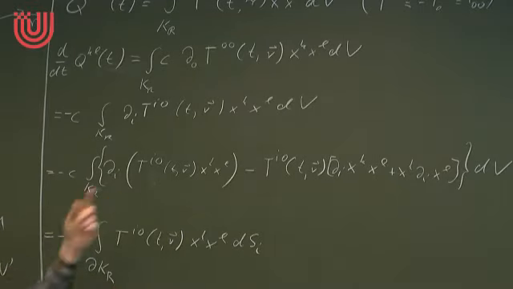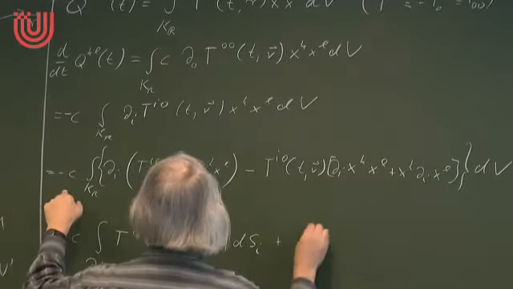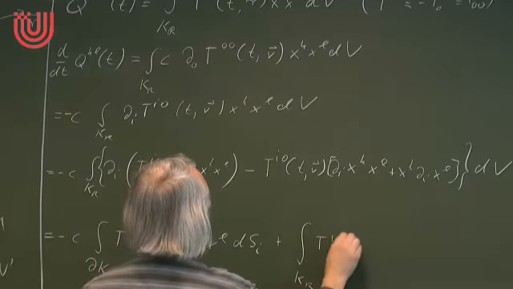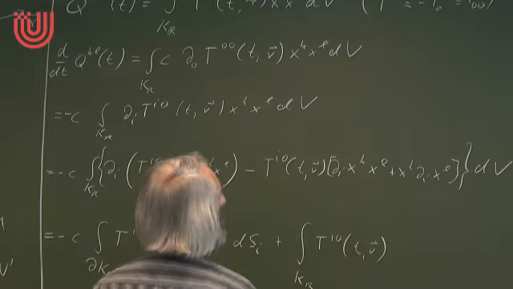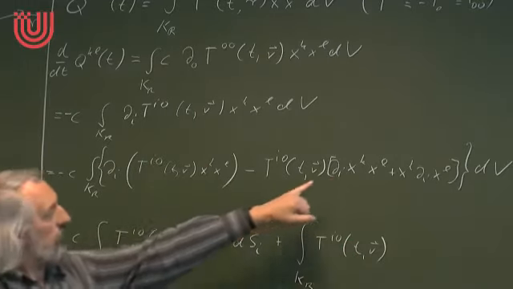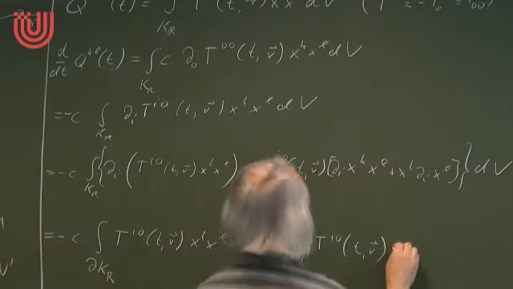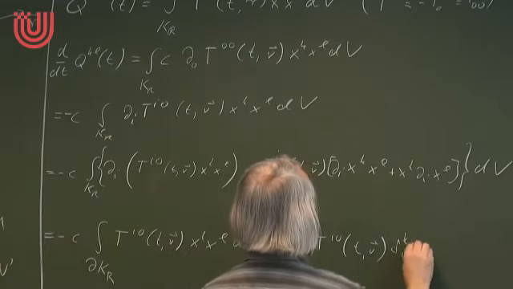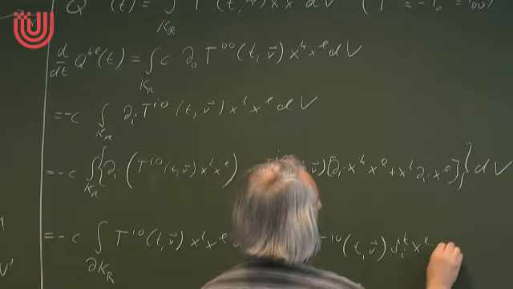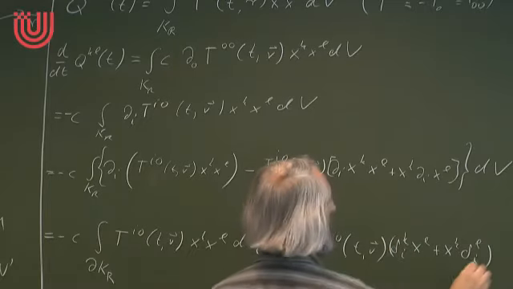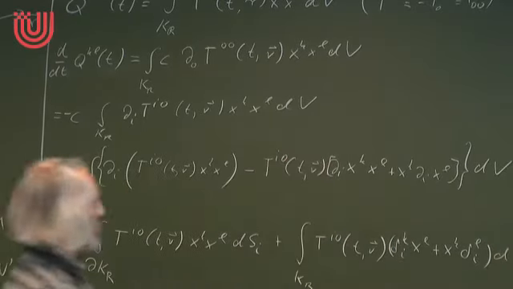So this volume integral is the same as the surface integral by Gauss theorem. And then the remaining terms are what? Plus integral over K_R, T^{i0}(t, r). And if I differentiate x_k with respect to x_i, I get a Kronecker delta. So this is delta_ki x_l, and then from the other term, delta_li x_k dV.